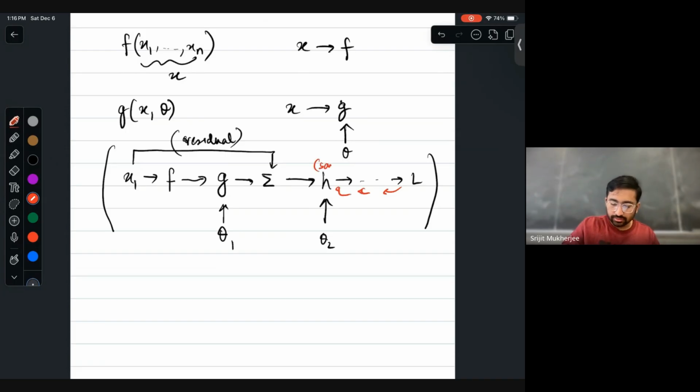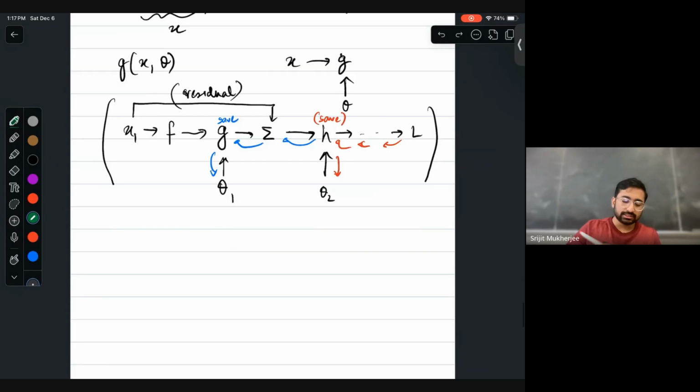So save here and do it here, and then use that saved one to go back. Again, save here, and then there is no need to go back here because there is no theta. So just do it here, stop here, because you have already saved it.